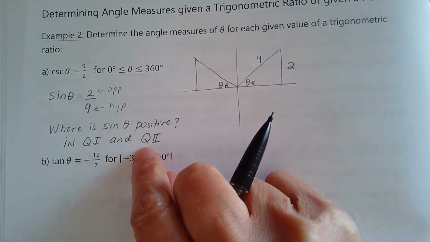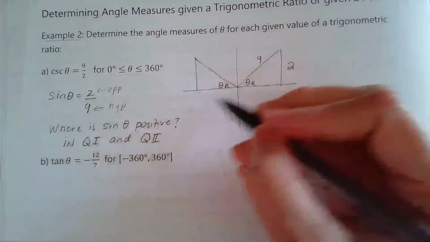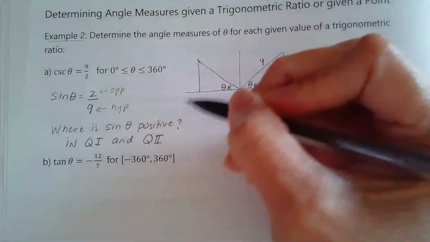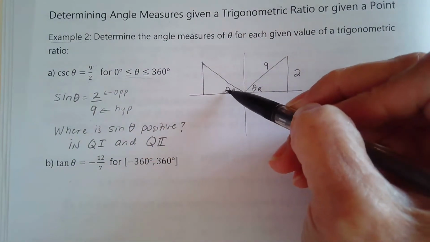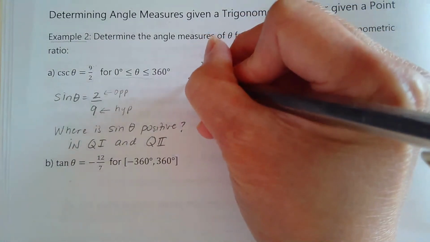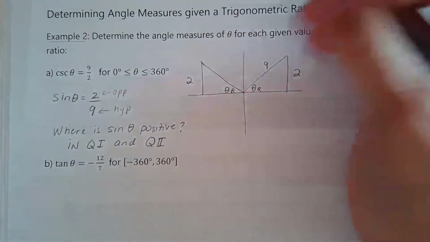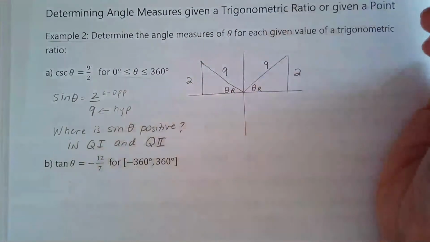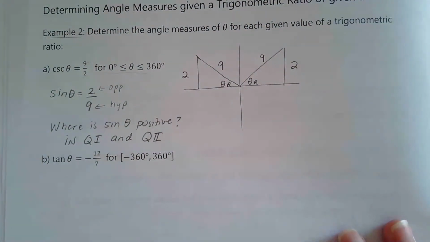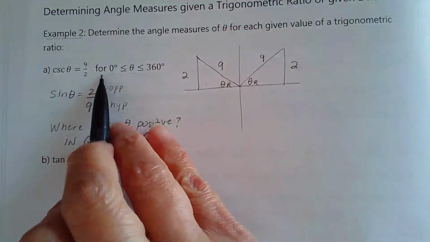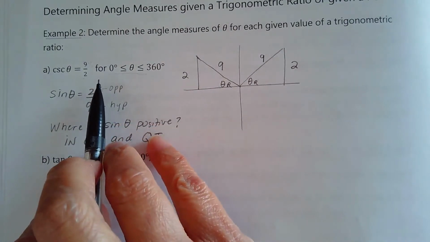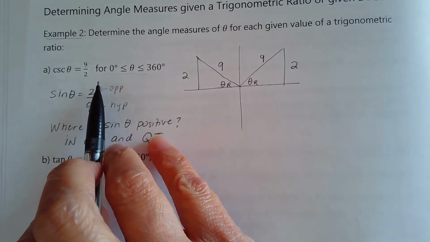Now, if we're looking at this in quadrant 2, if this is the reference angle, opposite is 2 and hypotenuse is 9. Okay, so the question is, determine the angle of theta for each of the given values.